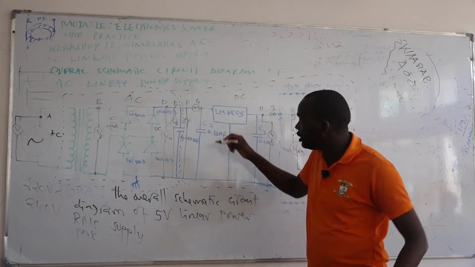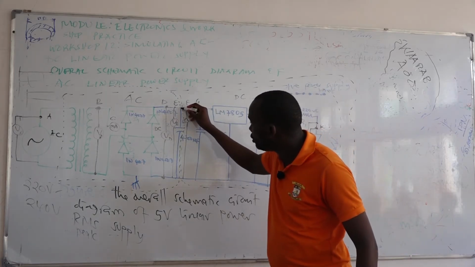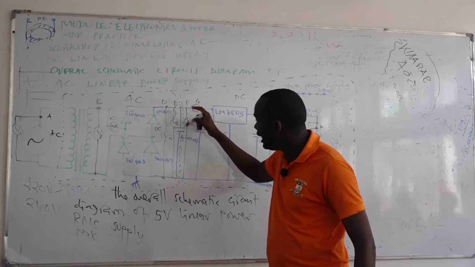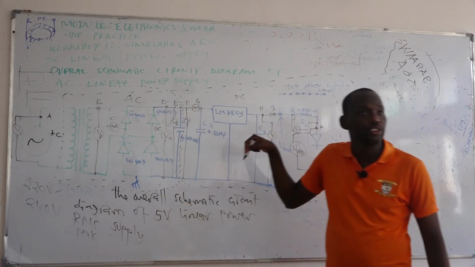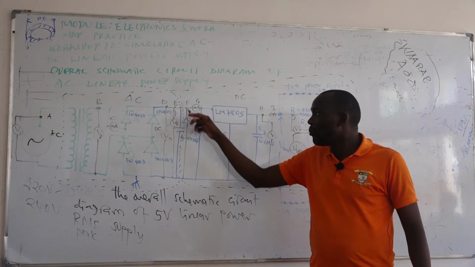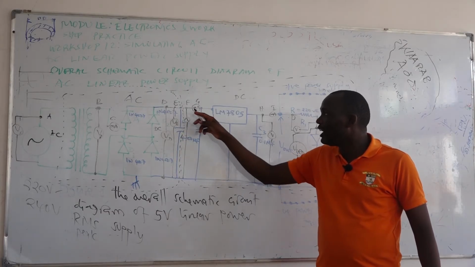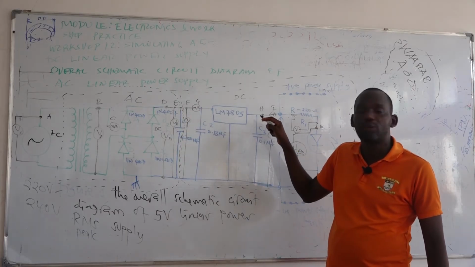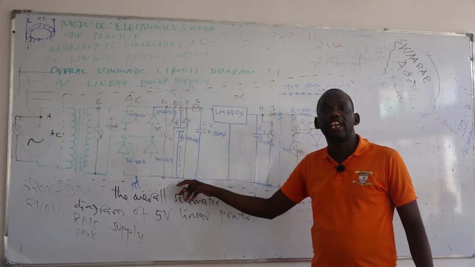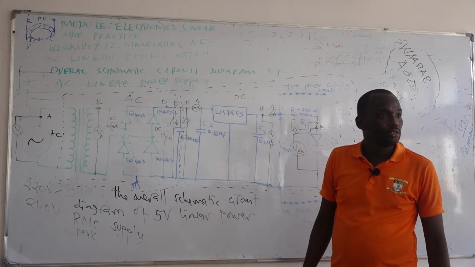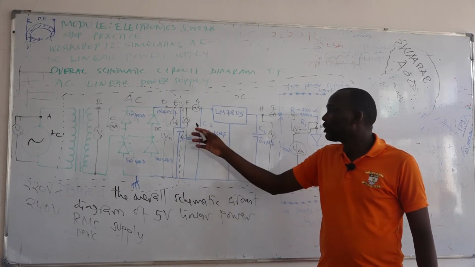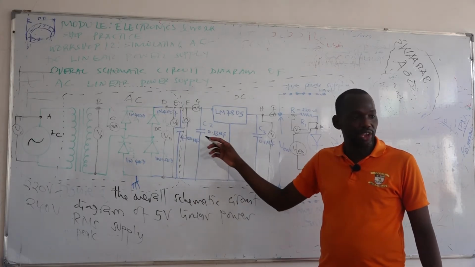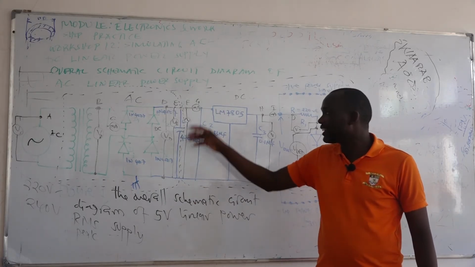So at this junction, practically we expect to see an AC component and a DC component. The AC component actually has a choice either to flow towards the voltage regulator or to flow towards the filter. And I told you that the filter will be providing very small resistance against the AC.